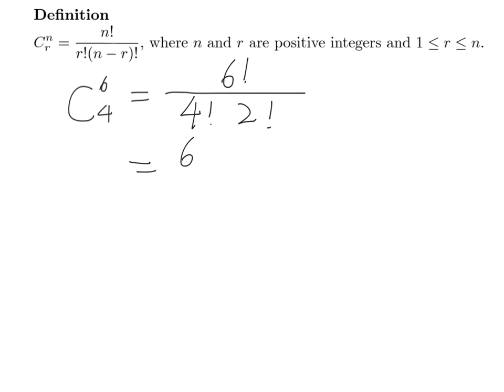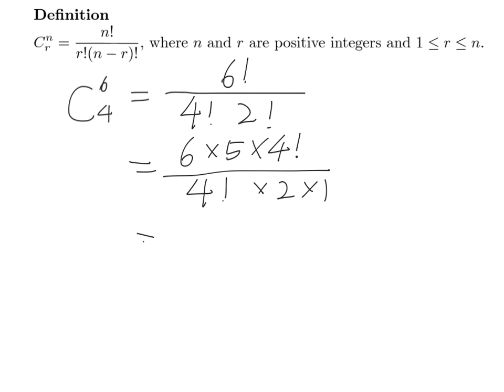And this is equal to 6 times 5 times the factorial of 4 over the factorial of 4 times 2 times 1. So this is 6 times 5 over 2 times 1. This is 15.